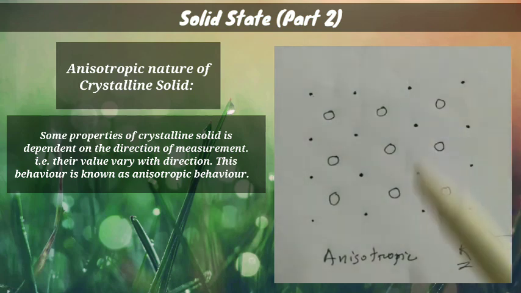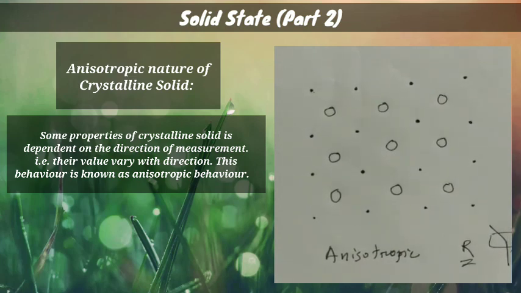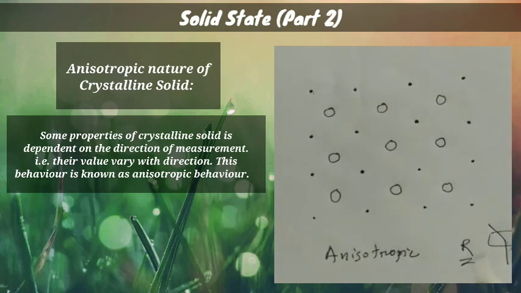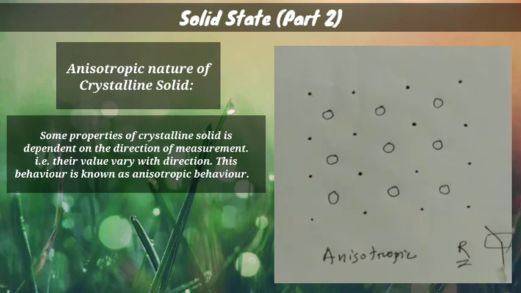That means it depends upon direction. So what is the meaning of anisotropic properties? The properties which depend upon the direction in which we measure.